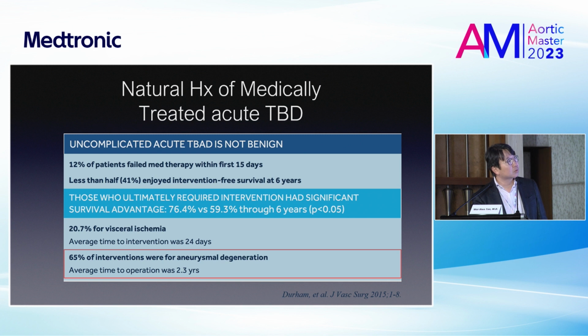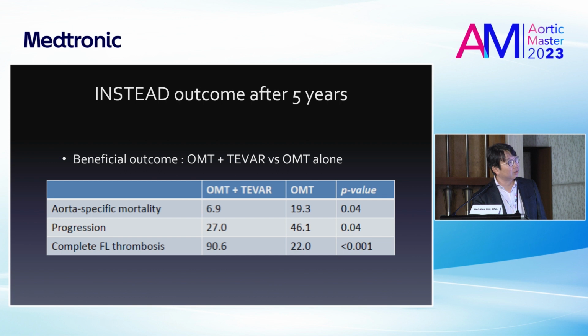I think the most important issue is that when you treat patients medically, 65% of reinterventions were due to aneurysmal degeneration, and the time to reoperation is only 2.3 years.